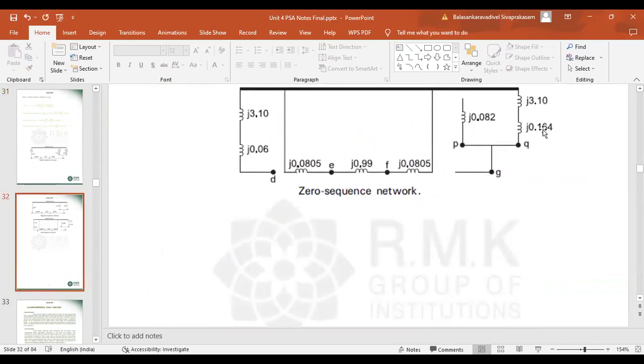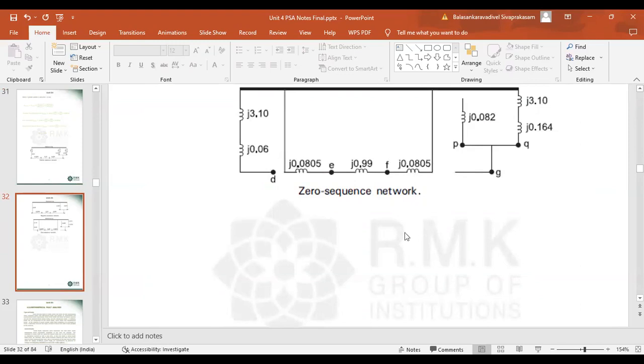So motor 2 and the reactance of motor 1 that is connected will be connected in parallel with the transformer T2 reactance. Since this is delta connected, it is open circuited. For this section, there is no current, so the circuit will be in open circuit condition.